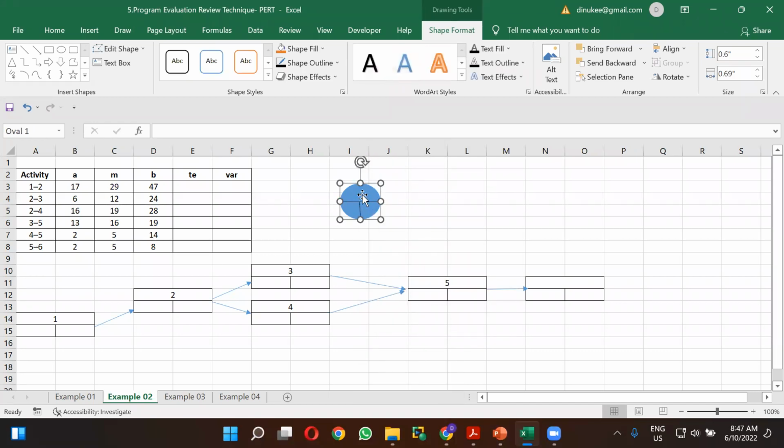You have to divide this circle into 3 and indicate the activity number above the circle. And you can calculate the early start and late start time, right?